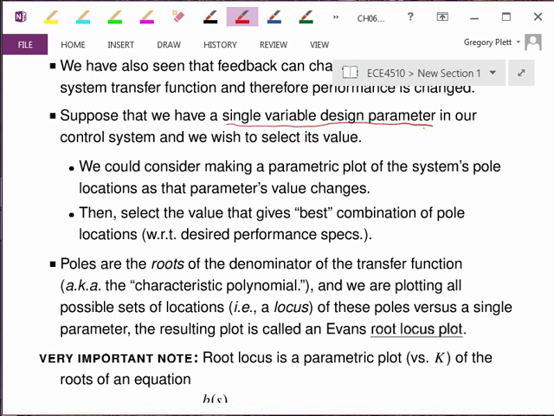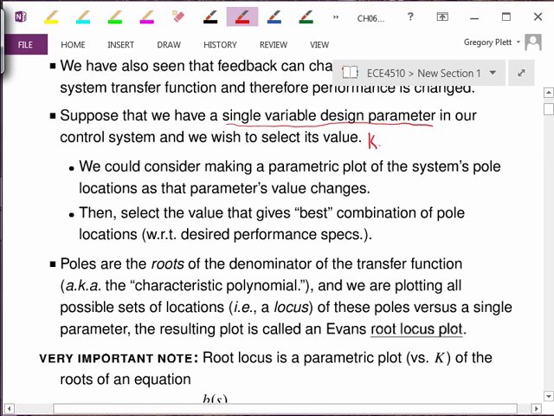What value for that parameter would be the best one to select, or what range of values would be acceptable?